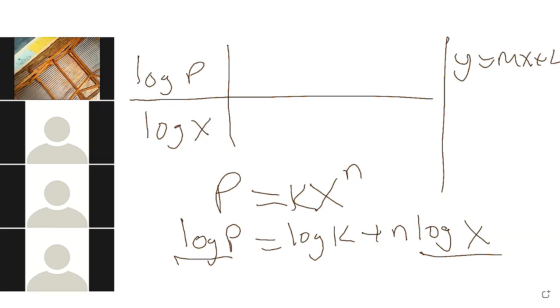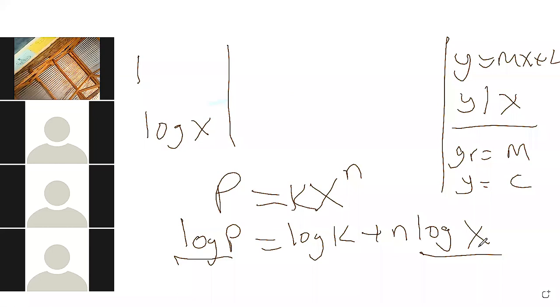So we know when we plot this Y against X, the gradient is going to be m, and the Y-intercept is going to be c. So from our expression here, log P will be on the vertical axis and log X will be on the horizontal axis. And out of your graph, when you plot that, it will look like this.